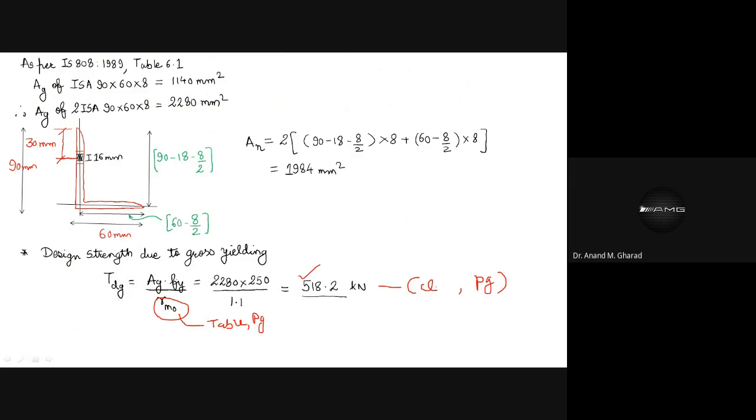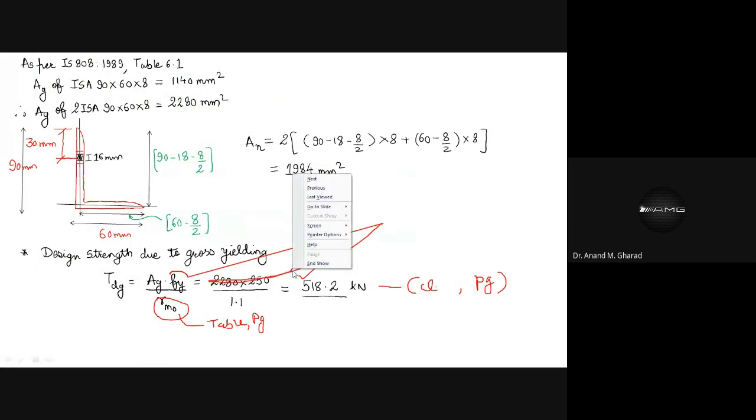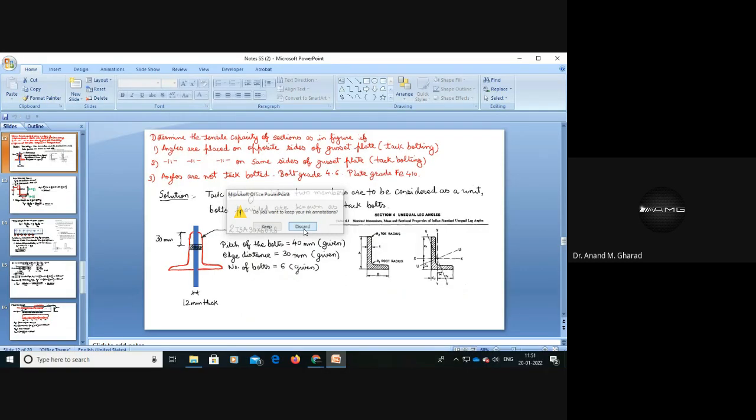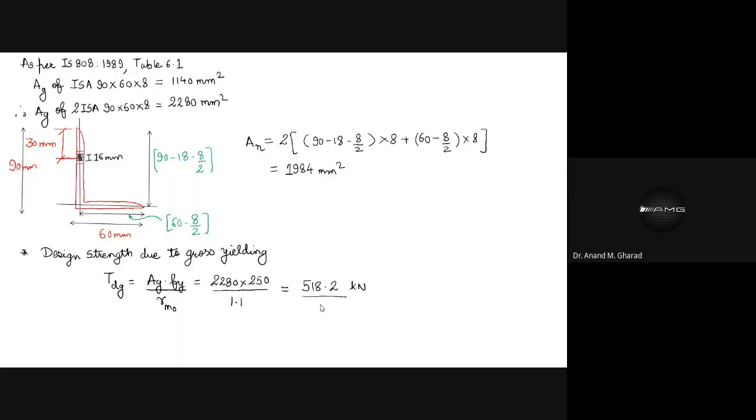अच्छा, Fy. ये जो Fy value है, from where will you get this Fy value?